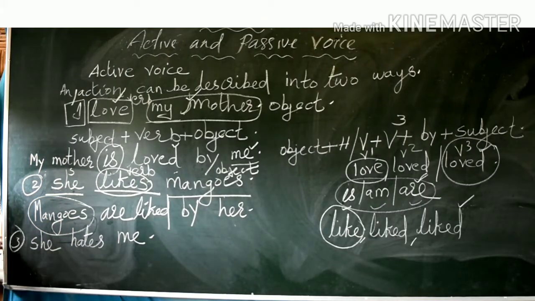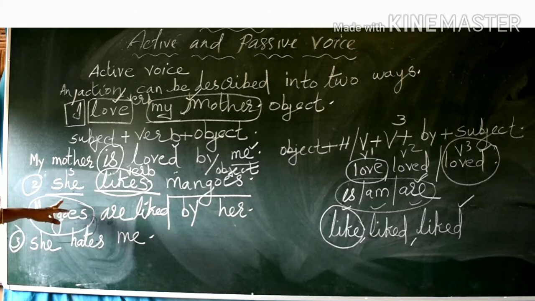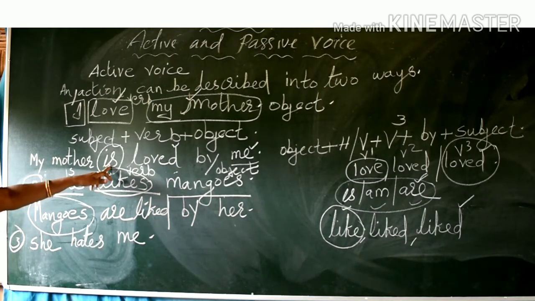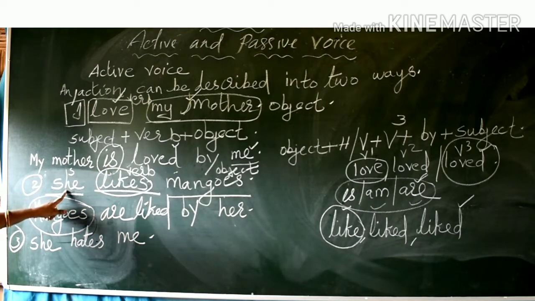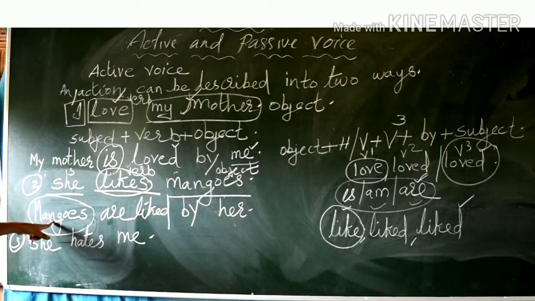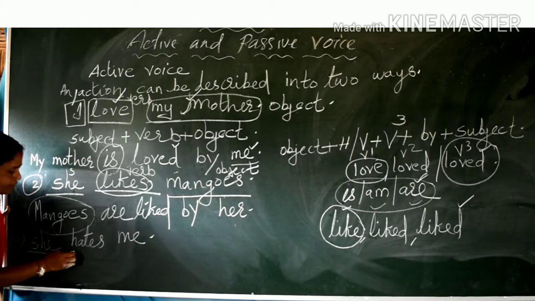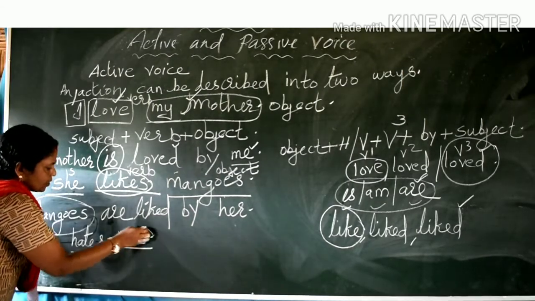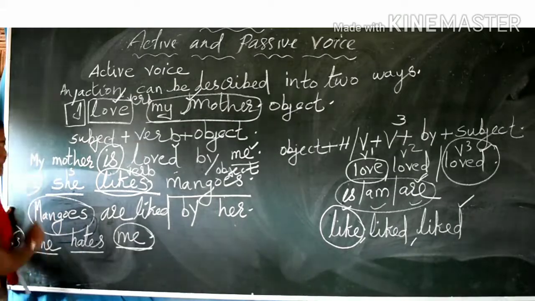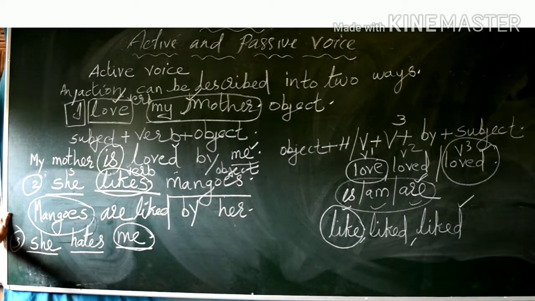Example 3. She hates me. Children, listen. Here the subject is my mother, only one, so "is" came. Here the subject is she, so the object mangoes is plural, so "are" is used. Here first do your identification: subject, verb, object. Here the object is "me." When the object is "me," we will not say "me hate she."